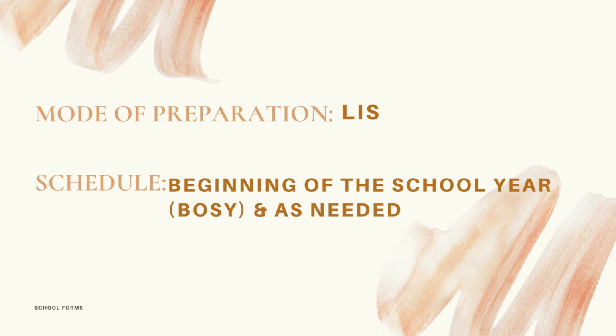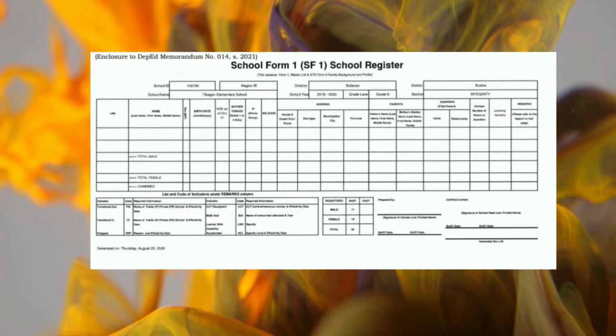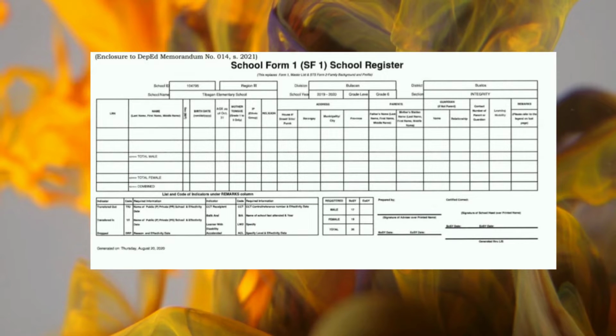Mode of preparation: through LIS, or it can be downloaded through your LIS. Schedule of downloading: beginning of the school year, BOSY, or as needed. The sample of School Form 1.